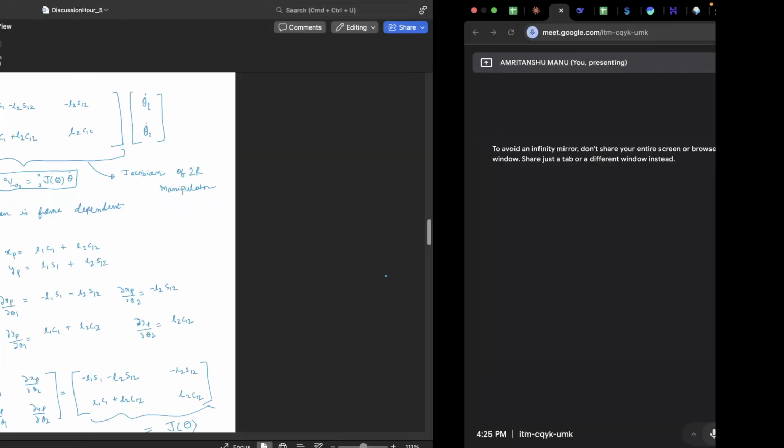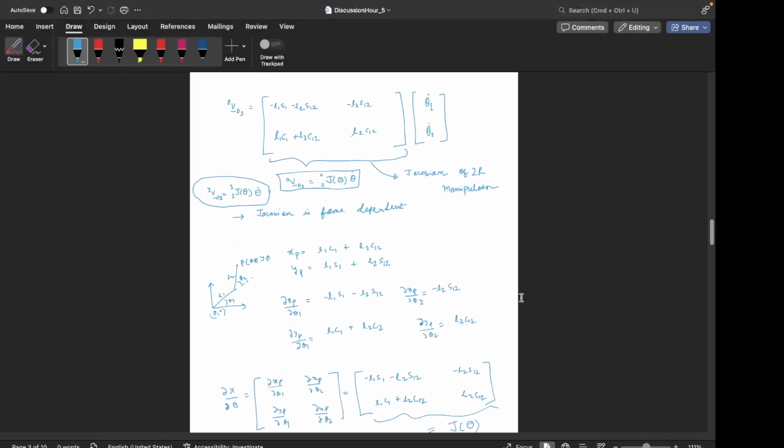Just have a look here. The relation between the linear velocity of the tool and the joint velocities is given by the Jacobian, and the Jacobian can also be derived by differentiating the position of the end effector with respect to the joint angles.